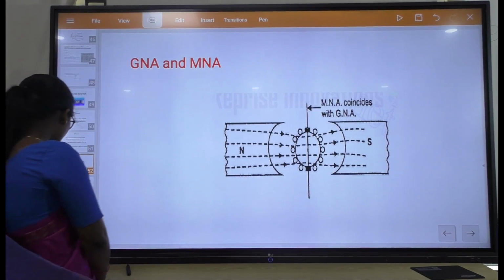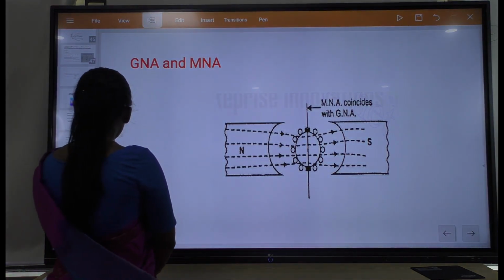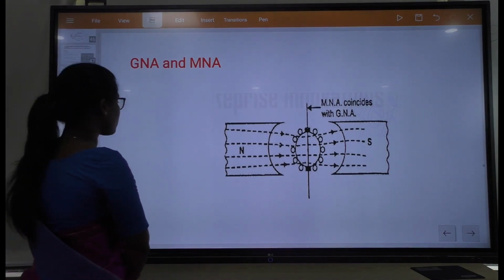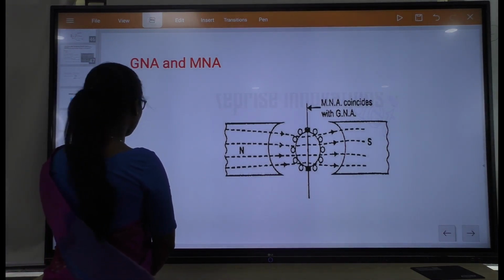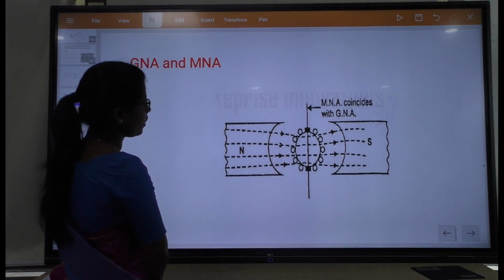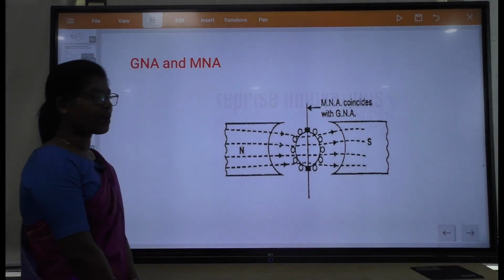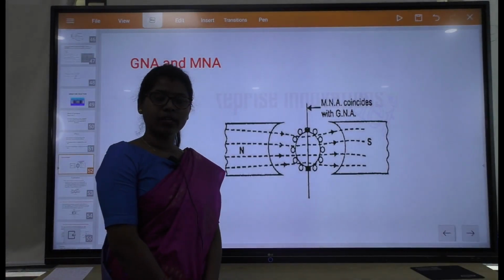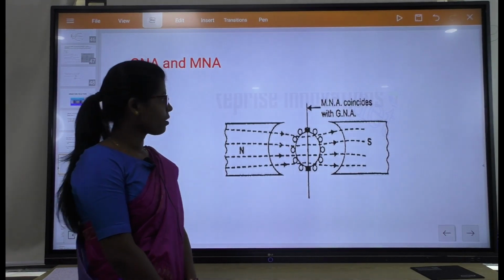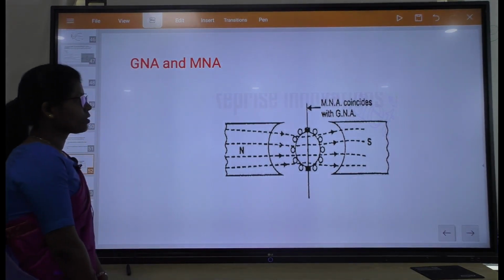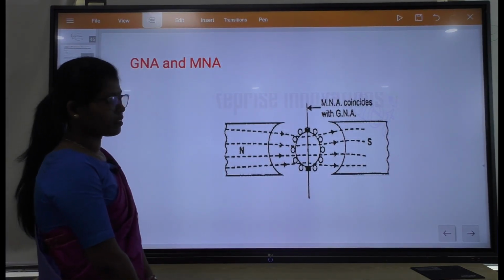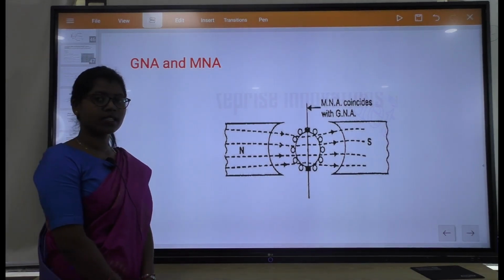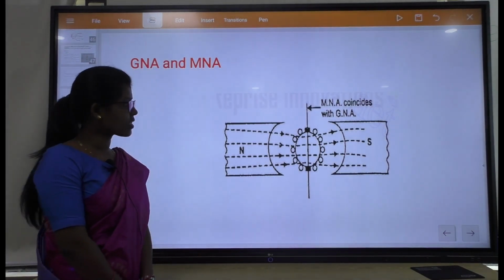Second, what is MNA? MNA is the axis where no EMF is induced in the armature conductor. So geometrical neutral axis is the axis that is perpendicular to the stator field axis.